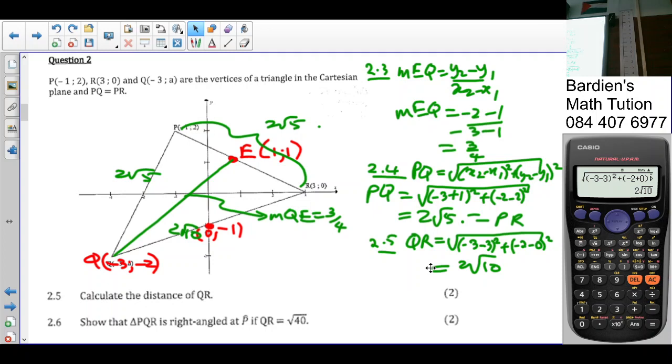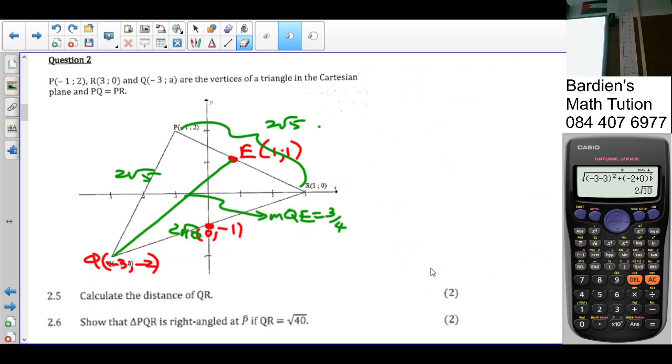Then in question 2.6, we are told to show that. When it comes to a show that or prove that question, you cannot use the information given to prove it.